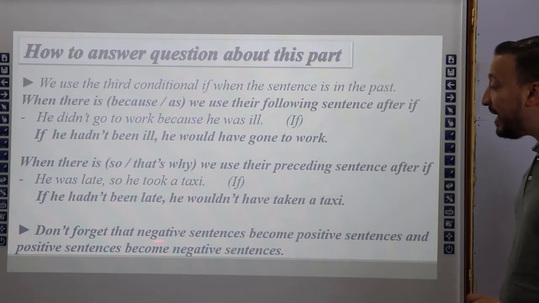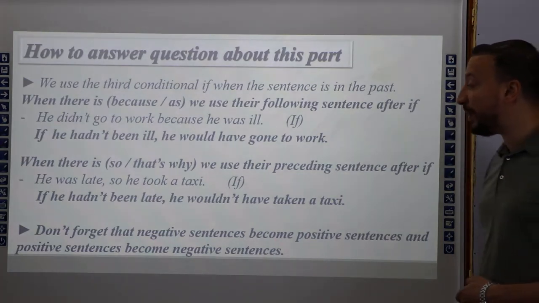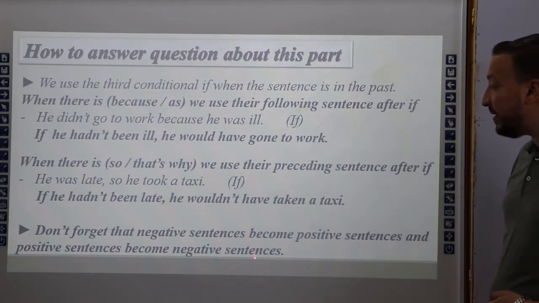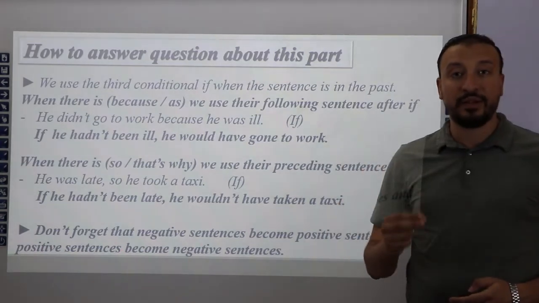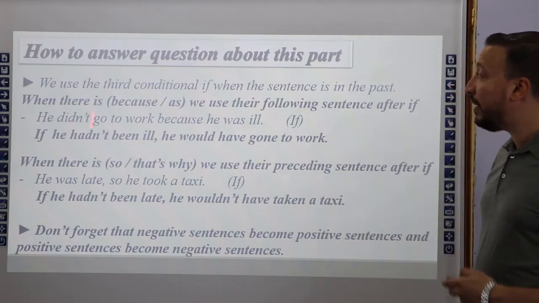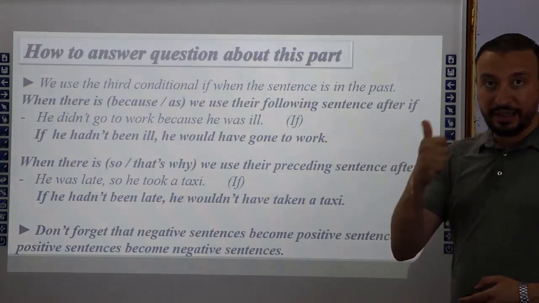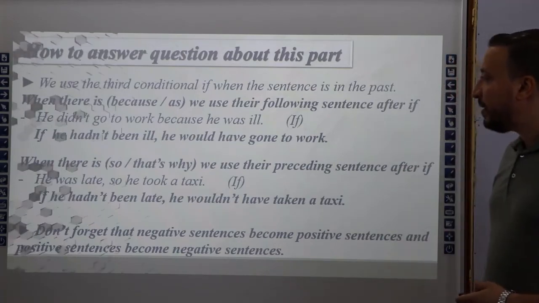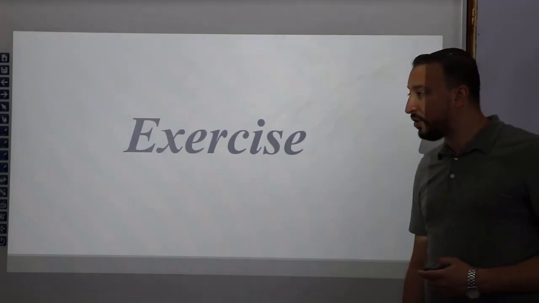Don't forget that negative sentences، الجمل المنفية، become positive sentences، بتبقى جمل مثبتة، and positive sentences become negative sentences، يعني المنفي مثبت والمثبت منفي. ده أهم جزء في حل قاعدة if، الحالة الثانية والحالة الثالثة، المنفي مثبت والمثبت منفي. Let's move to this little exercise about this part of the unit.